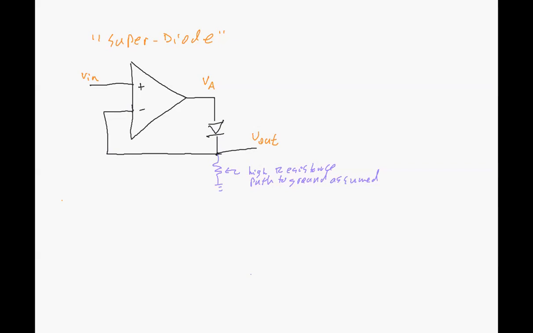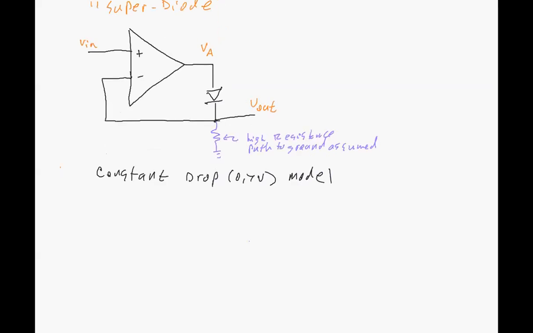So how do you analyze this? We can use the constant drop model, a 0.7 volt drop, to understand what's going on. In this case, with the diode facing this way, if the input is equal to minus infinity, think about what's going on there.